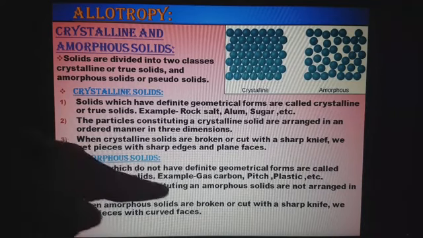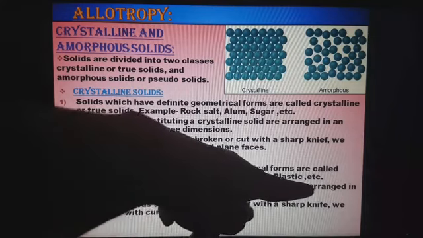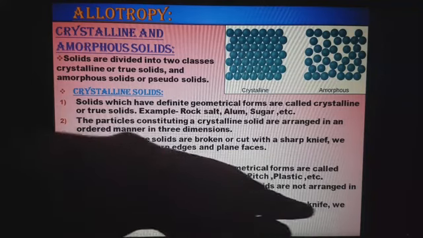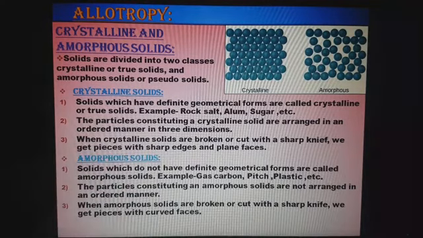So all these come under the category of amorphous solids. Then the particles constituting amorphous solids are not arranged in an ordered manner. As you can see here in the figure, the particles which constitute these amorphous solids are arranged in a disordered manner. So this is one of the differences you can see between crystalline and amorphous solids. Then when amorphous solids are broken or cut with a sharp knife, we get pieces with curved faces.